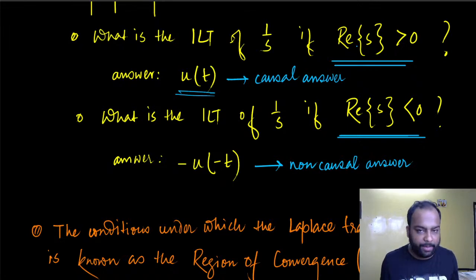For 95% of this course, we are only going to deal with causal systems excited with causal inputs. So by the very scope of our subject, only the causal answer is taken, and you can safely ignore the region of convergence. But because you are ignoring something, it doesn't mean that it actually disappears. It is still there.